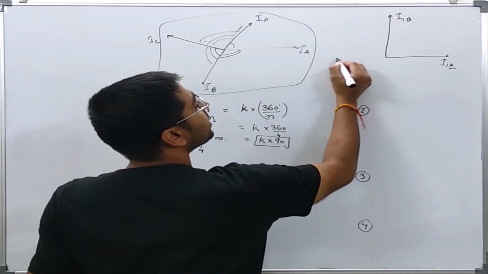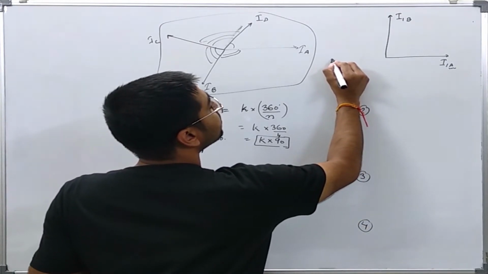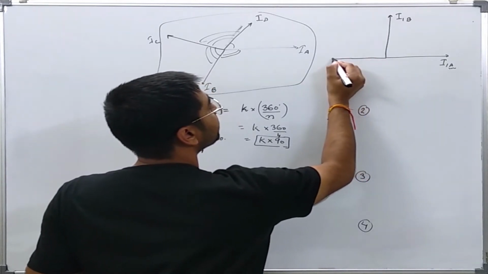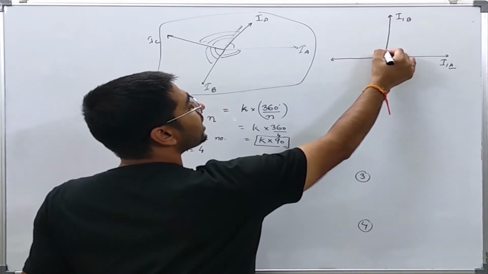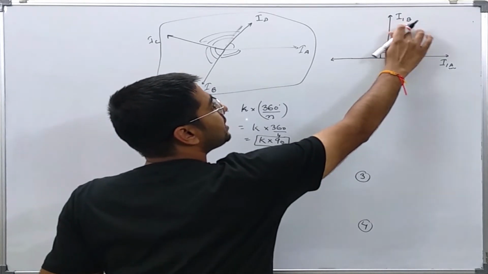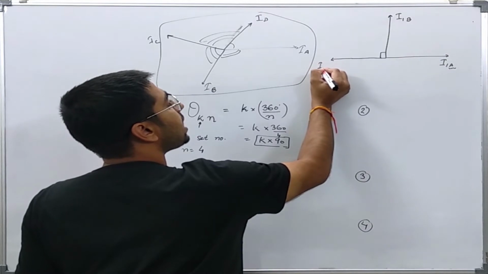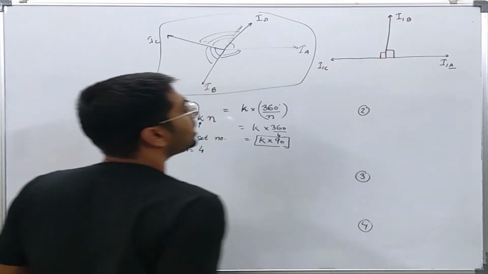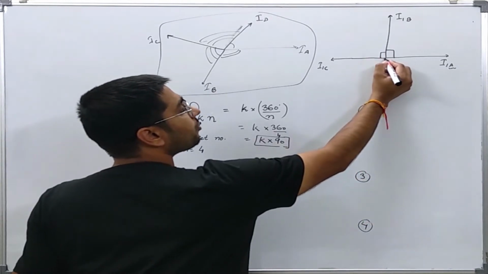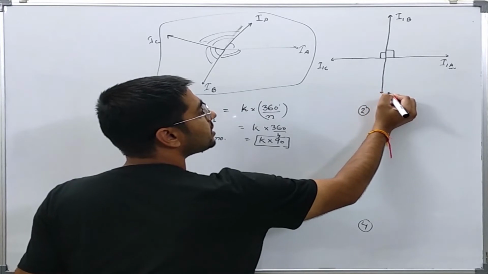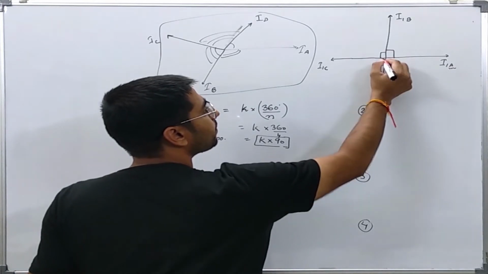Similarly, what will be I1C? I1C will be the symmetrical component of the first set for the phasor C, and it will be having an angle of 90 degree with respect to this phasor I1B. So this is I1C. Similarly, there will be a symmetrical component for the fourth phasor in the first set. This is I1D.